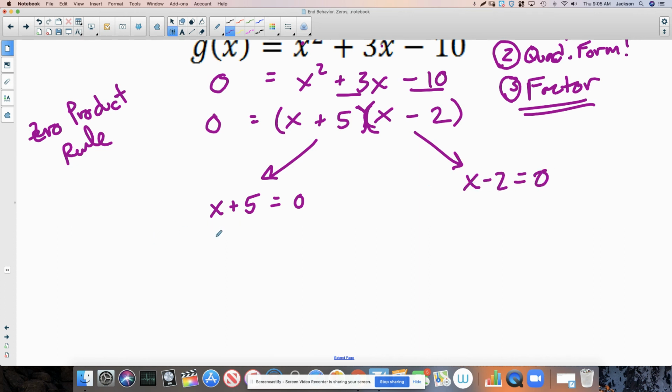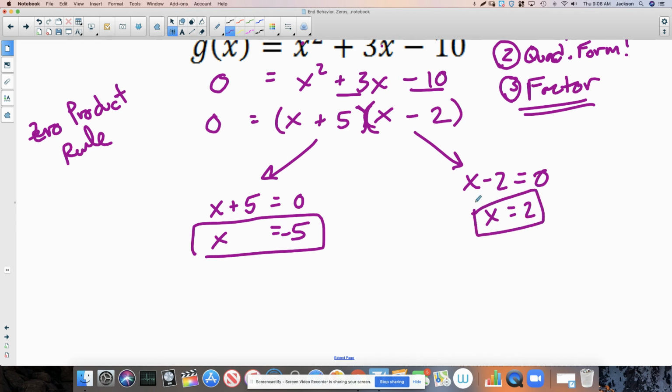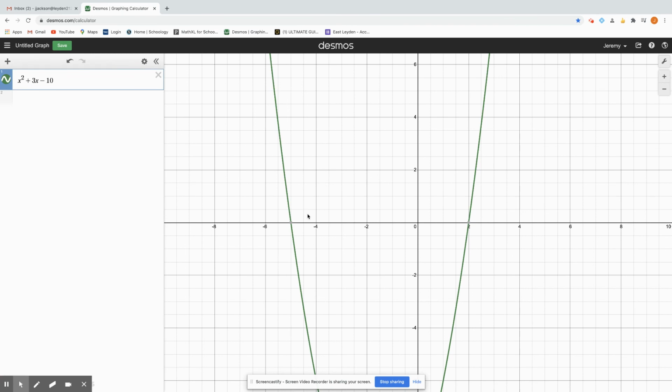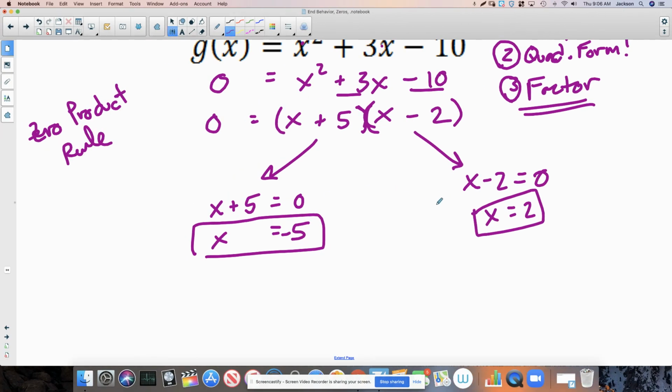If we subtract 5 from both sides over here and we solve for x, we get x equals -5. If we add 2 over here, we get x equals 2. And what did we say from our graph? What were those x-intercepts on the graph? -5 and +2, which is what we found by doing the algebra here, okay? So the zeros, keep in mind, they are these x values.